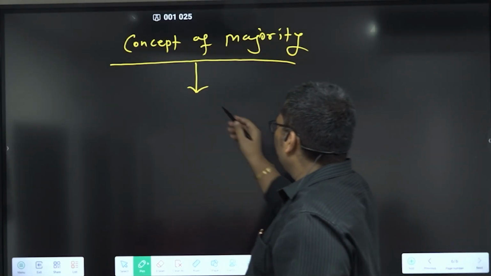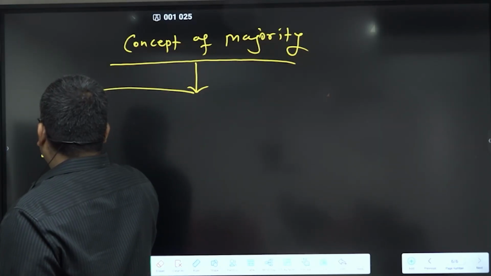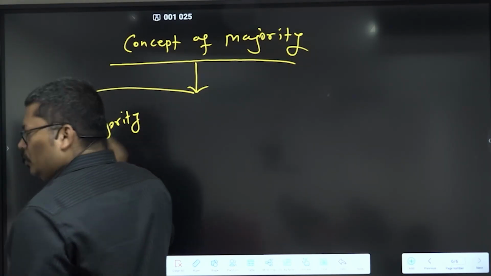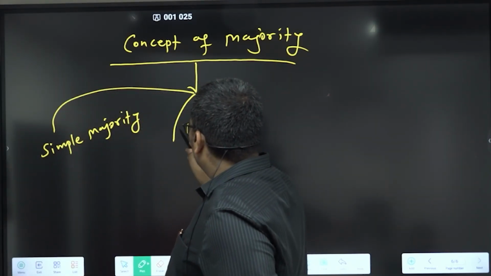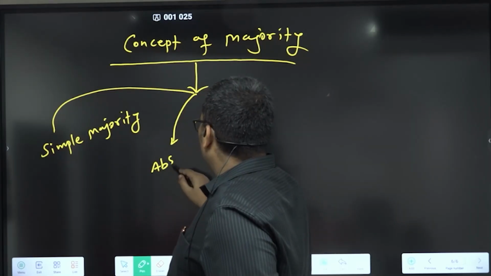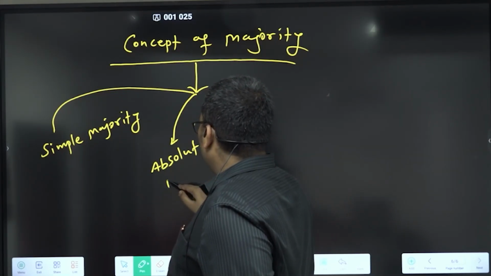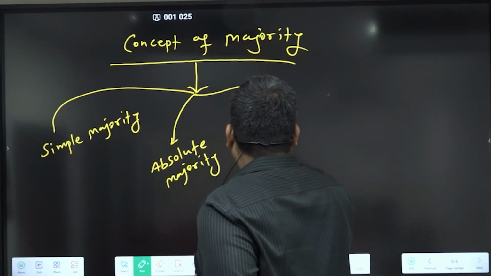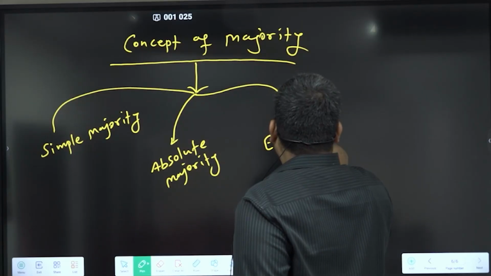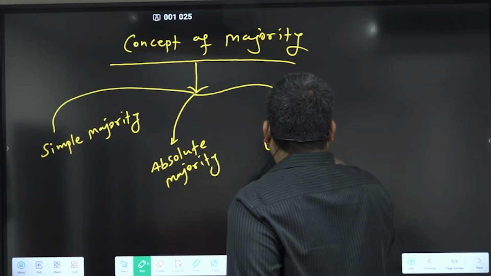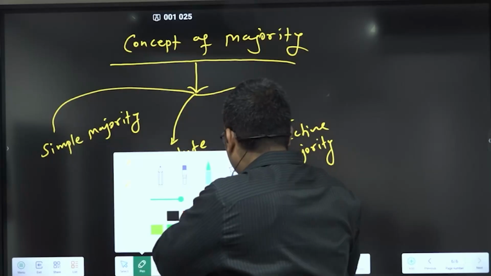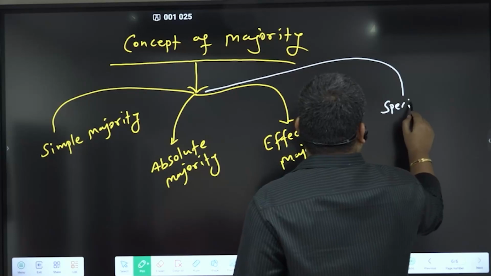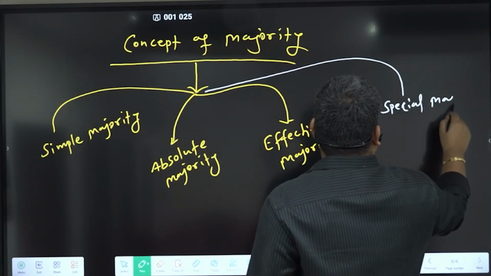For example, simple majority, then it comes absolute majority, then it comes effective majority, then it comes special majority.